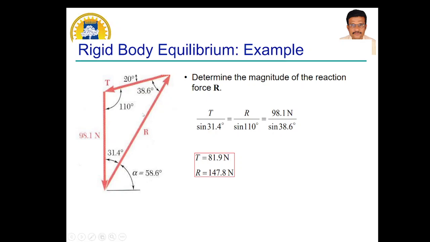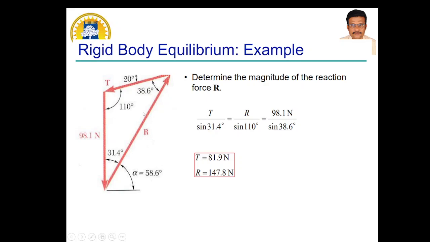Here a weight of 98.1 Newton is acting downwards and a reaction is acting upwards, and from the wall a tension is acting downwards. The angle between the weight and tension is 110 degrees.